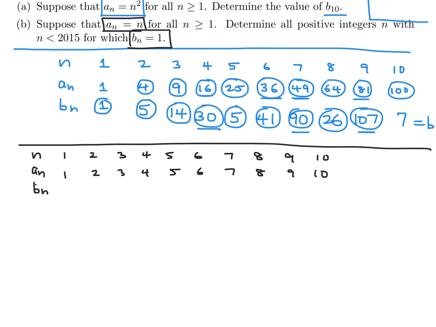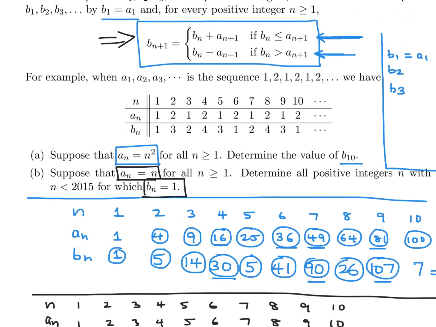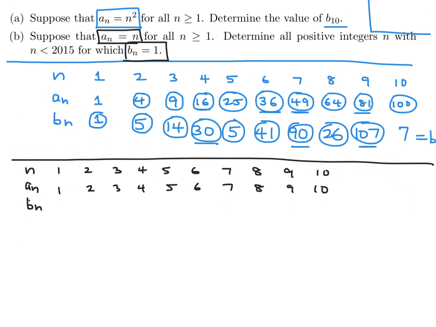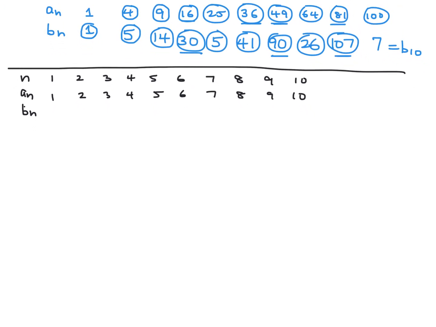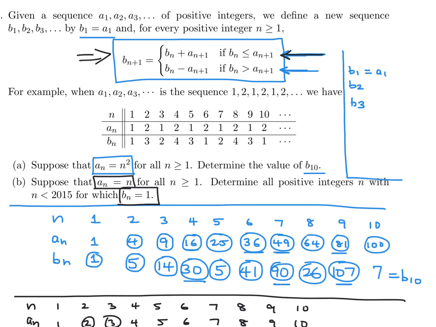Okay, so how are we figuring out bn again? It's the same thing as up here. So this is 1, and then you just compare that with that. So that's going to be 3. Compare this. This is an equal situation. If it's equal, it's the first one, and you add them.